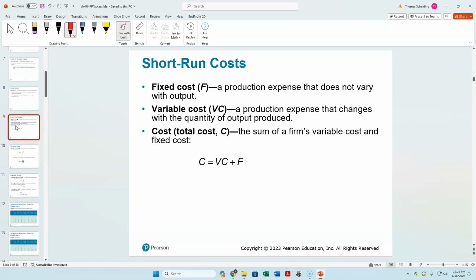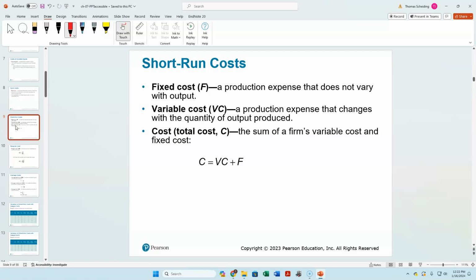Now, if we look at these short run costs as opposed to long run costs, what we would do is separate our costs into two different categories: variable cost and fixed cost.